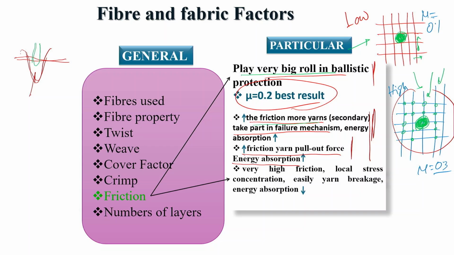If we have very high friction, we need certain movement of the yarn, otherwise at very high friction localized stress concentration will develop, and slight movement is required because that is how energy dissipation happens.